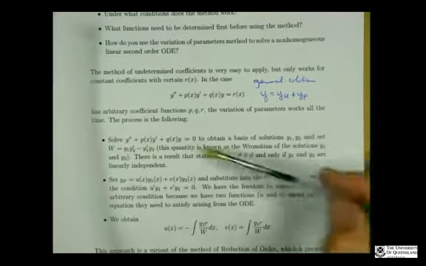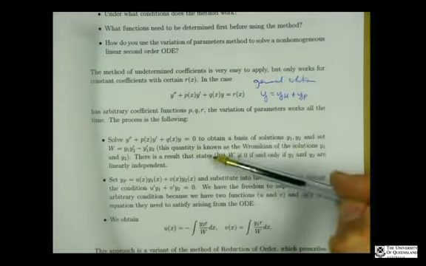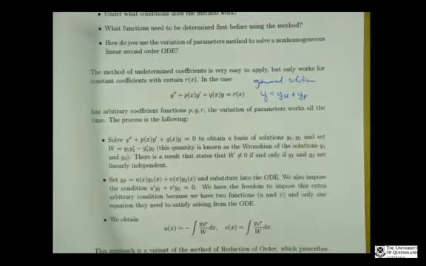The way it's worded here is, we solve this to obtain a basis of solutions, y1 and y2. Because it's second order, we know from the theory that we should have two linearly independent solutions. If it was a sixth order equation, then to write down the general solution we'd need 6 linearly independent solutions.